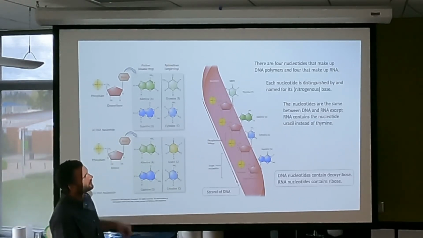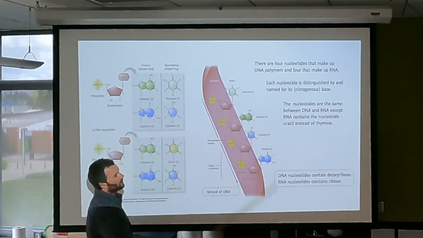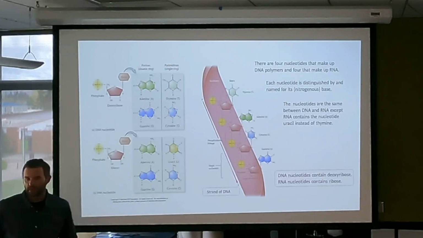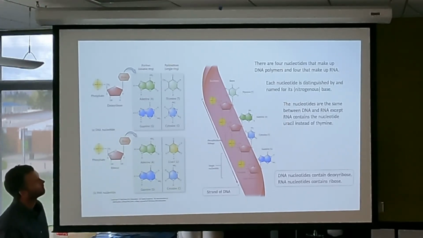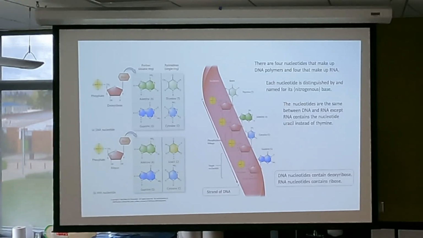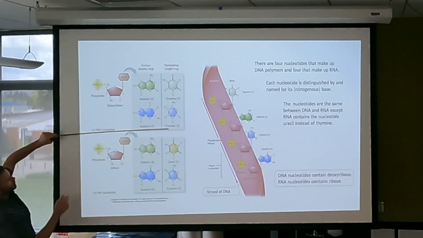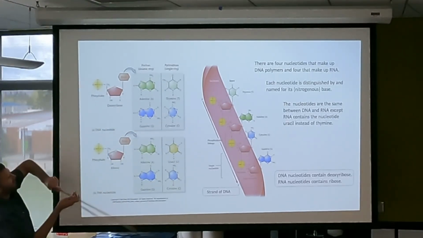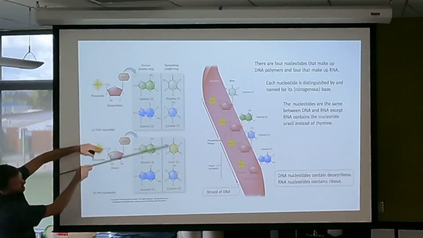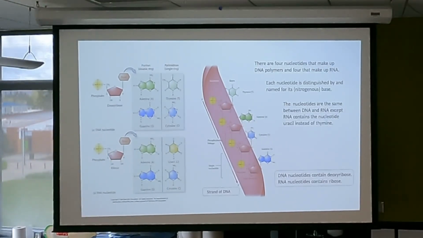So there are 4 different nucleotides that make up DNA. And there's also 4 different nucleotides that make up RNA. These are the nucleotides up here you're going to find in DNA, and these are the nucleotides down below you're going to find in RNA.